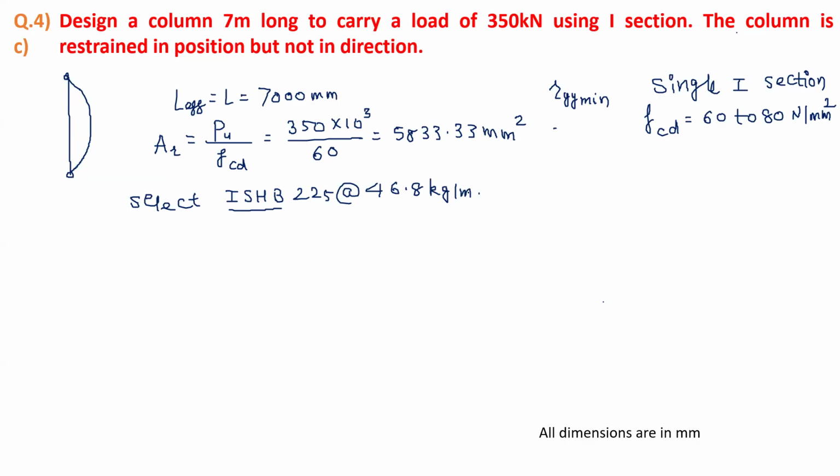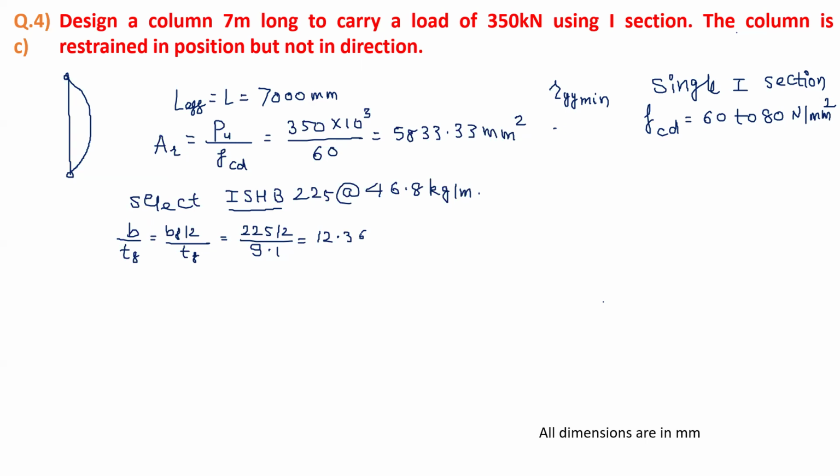Now, we have to check B upon TF, which is equal to BF by 2 upon TF. BF we have 225 upon 2 divided by value of TF 9.1, and this comes 12.36. Just 1 minute, I will check this value, less than.